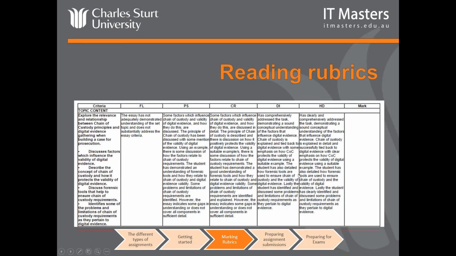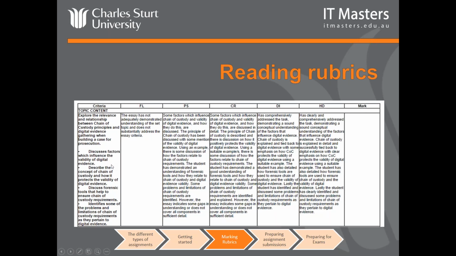This one goes for, to get a pass, you basically need to do just the basics of what this topic content has said. So the first option is discusses factors which influence the validity of digital evidence. And to get a pass, some factors which influence chain of custody and validity of digital evidence and how they do this are discussed.